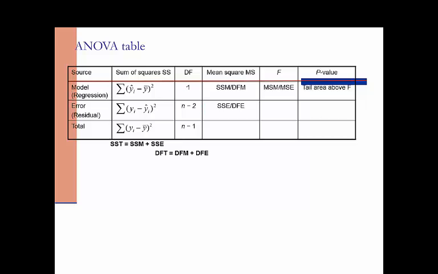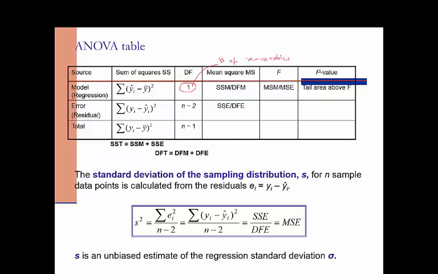Again, this value is going to be 1 because it's the number of x variables in the model. These values are just the errors, the residuals. Mean values are the sum of squares divided by the degrees of freedom. The F value is the mean squared of the model divided by the mean squared of the error, and you find a p-value based on that F value.